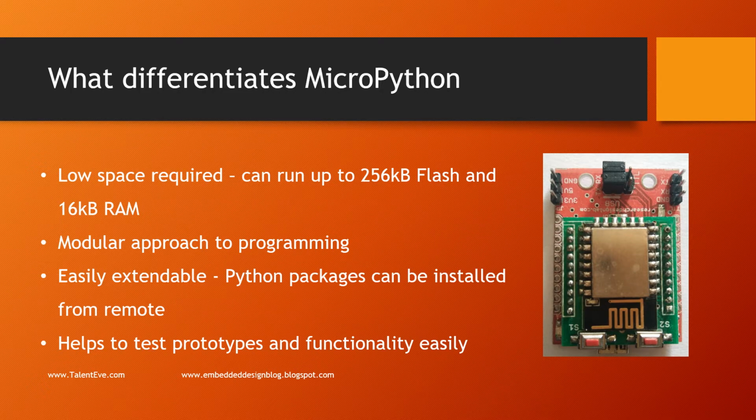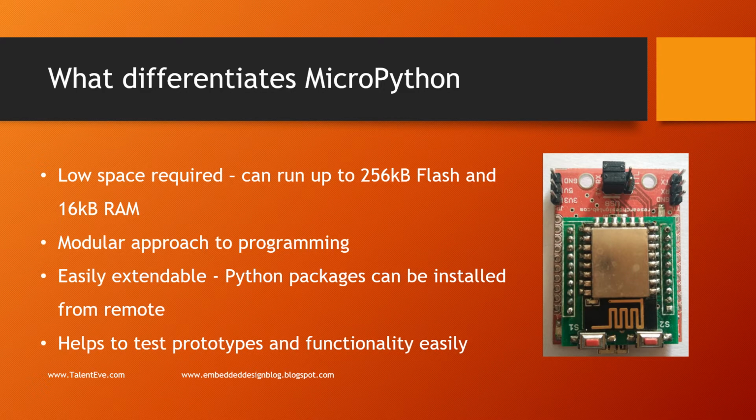Now, one of the major disadvantages, or advantages, we will say both ways, is that MicroPython needs a specific amount of flash and RAM to run its code. 256 KB flash and 16 KB RAM is what is minimally required.